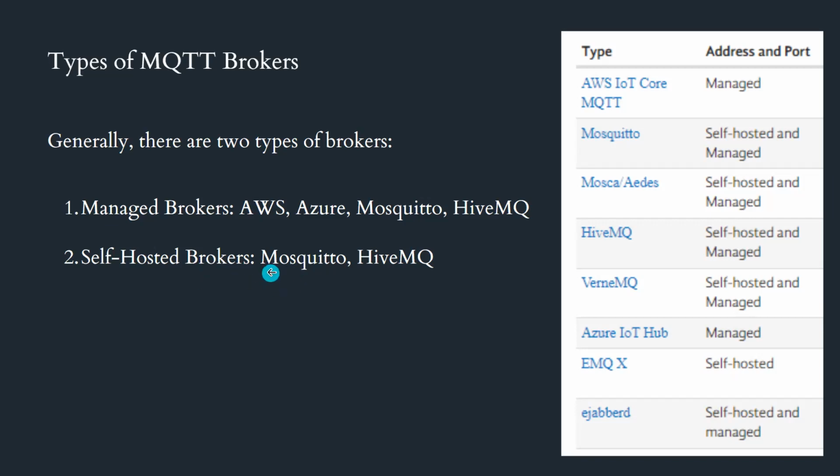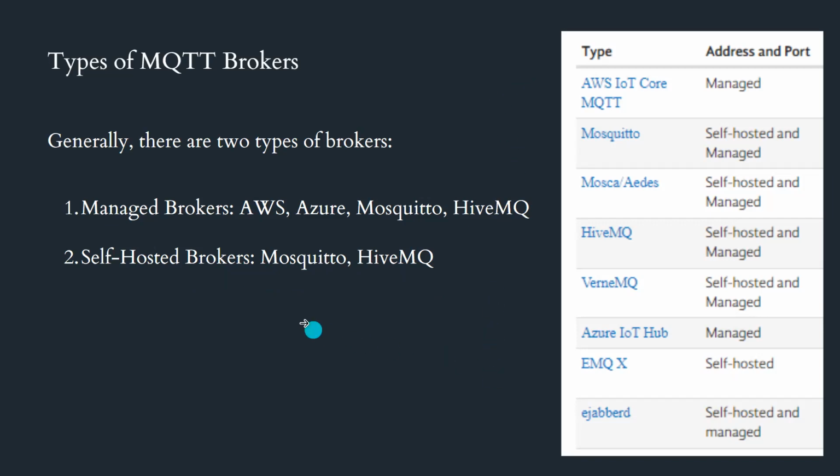The software is also provided by these companies, Mosquitto and HiveMQ, and it is open source, so anybody can access it, download and install it, and they can also refer to the sample codes and implement the procedure to set up the MQTT broker and implement its functions, right?